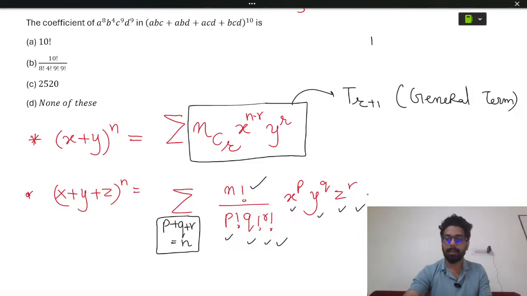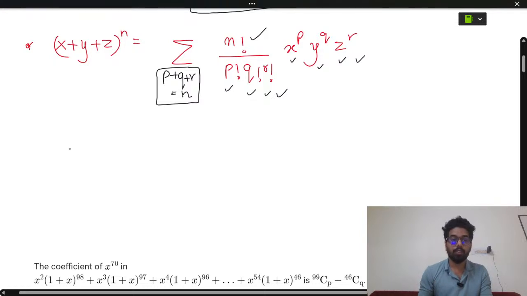Okay, now let's get back to the question. The question becomes complicated if we think of directly getting this here. But this question is tricky. All you have to do in this question is take common. Take ABCD common.